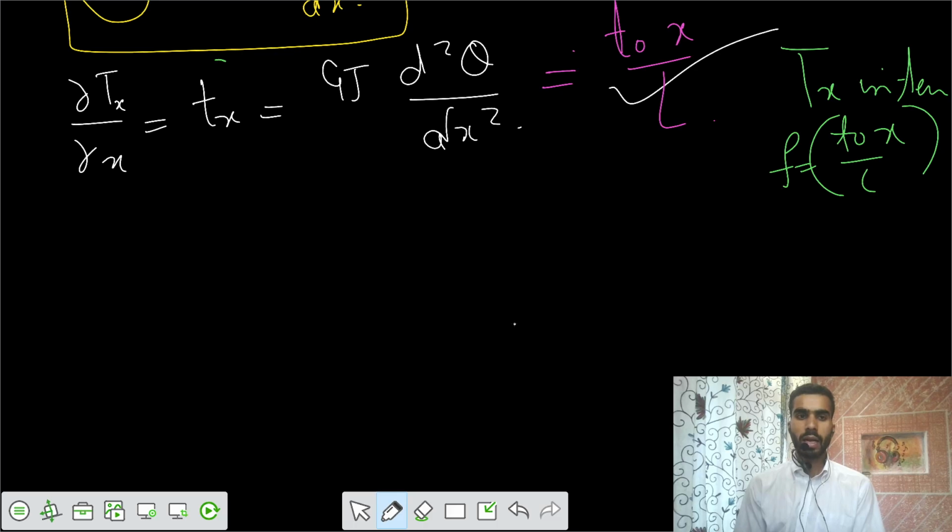So from this intensity, I can now get the torque at any x.